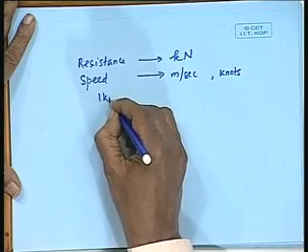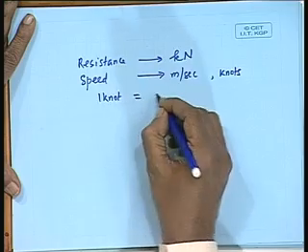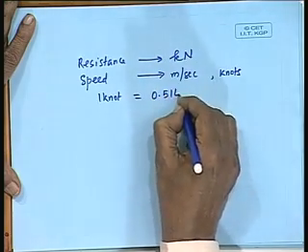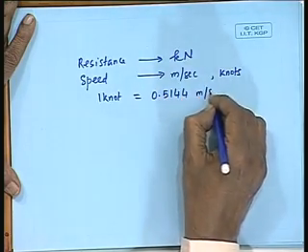Now, 1 knot is defined as 1 nautical mile per hour, and a nautical mile is slightly more than a conventional mile, and it is 1.852 kilometers. In SI unit, 1 knot is equal to 0.5144 meters per second. I will request you to remember this conversion.